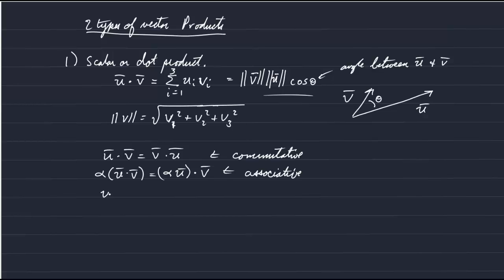And finally, the dot product is distributive, meaning that the sum of two vectors dotted with a third is equal to the first vector dotted with the third plus the second vector dotted with the third.